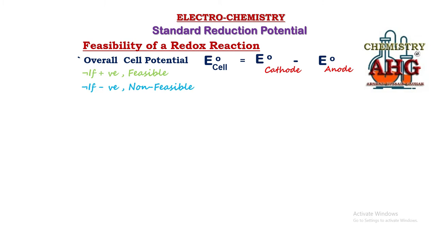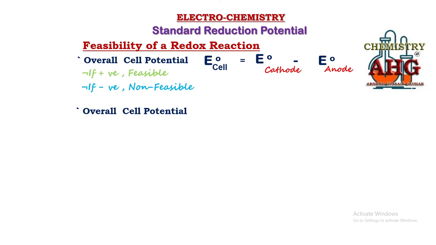Now one more thing, you must remember how to decide the spontaneity of a feasible reaction. The spontaneous nature of a feasible reaction is linked with cell potential, and there is a limit of cell potential that we must remember to decide whether a reaction is spontaneous or not.